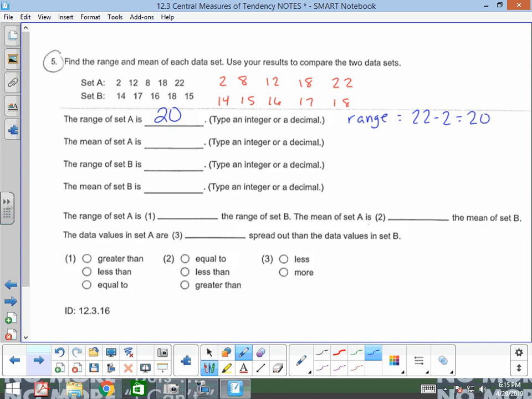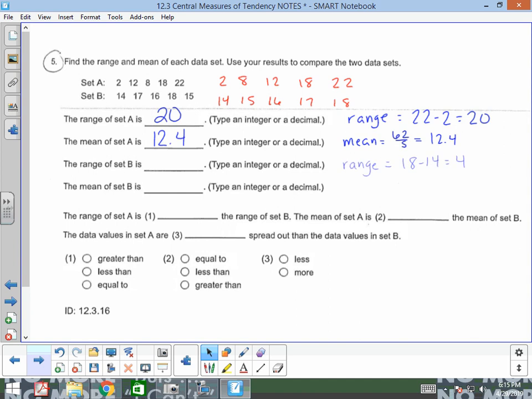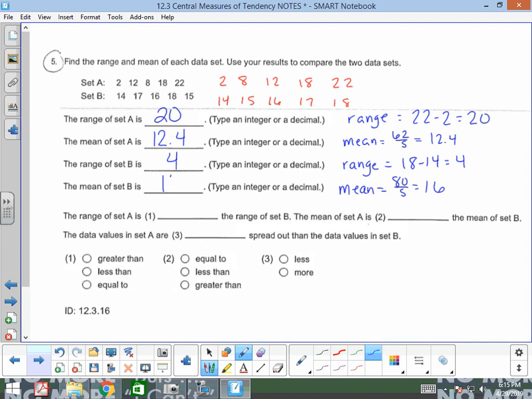The mean of set A, when we add all those numbers together and divide by 5, because there are 5 numbers, is 12.4. For set B, the range is 18 minus 14, so the range is 4. The mean of set B, adding all those numbers together and dividing by 5, is 16.